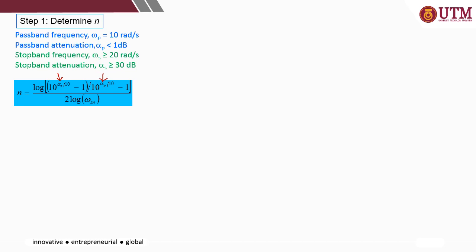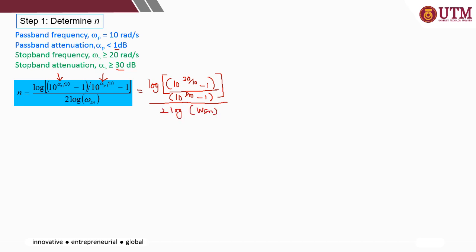For example, for alpha S it's log 10 of 10 to the power of alpha S over 10, minus 1. Alpha S is 30 dB, so put 30 divided by 10, minus 1, and divided by 10 to the power of alpha P over 10, minus 1. Alpha P is 1, so 1 divided by 10, minus 1. Then this is divided by 2 log of omega Sn.